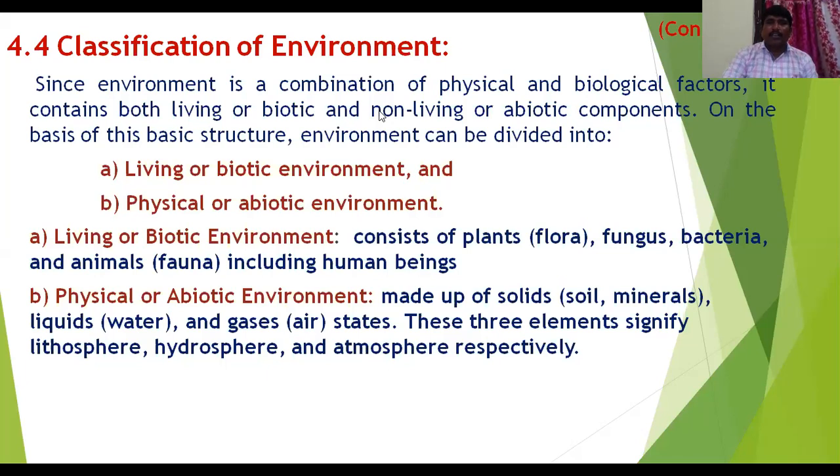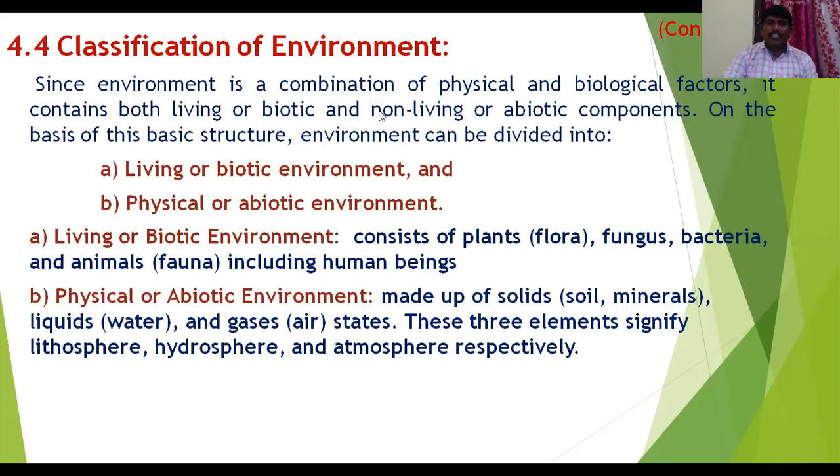B, physical or non-living or abiotic environment. The physical or abiotic environment is made up of solids, that is soil, minerals, liquids, that is water, and gases, that is air, states. These three elements signify lithosphere, hydrosphere, and atmosphere respectively.